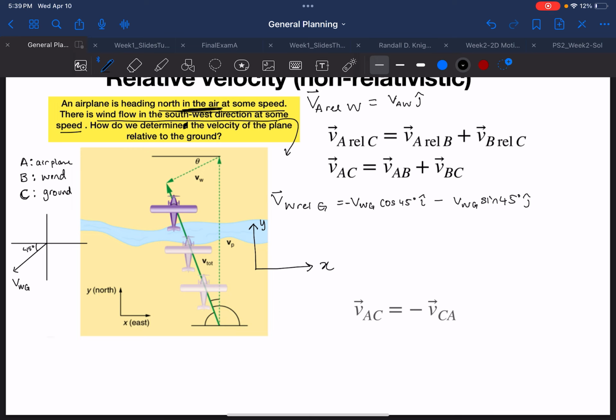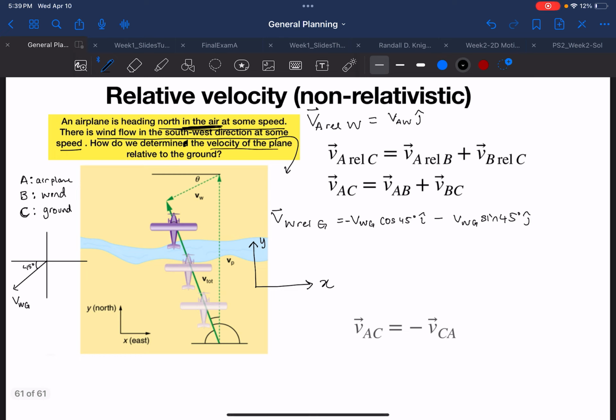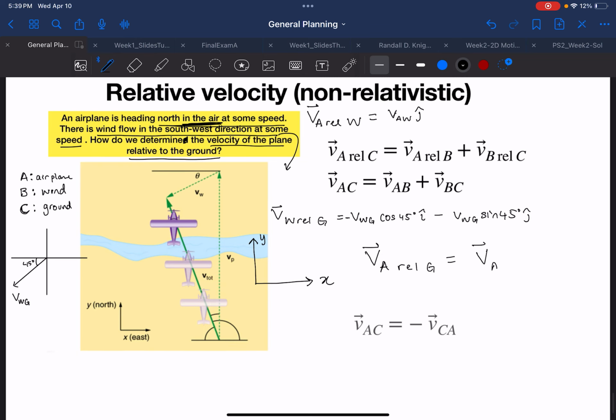If I would like to know the velocity of the plane relative to the ground, what we're trying to find is the velocity of the airplane relative to the ground. We would take the velocity of the airplane relative to the wind plus the velocity of the wind relative to the ground, and add these two vectors.